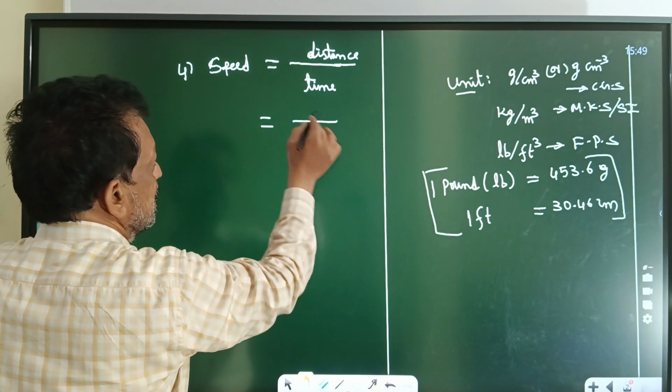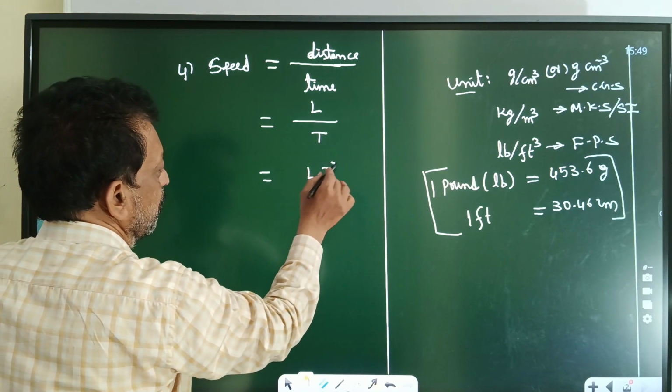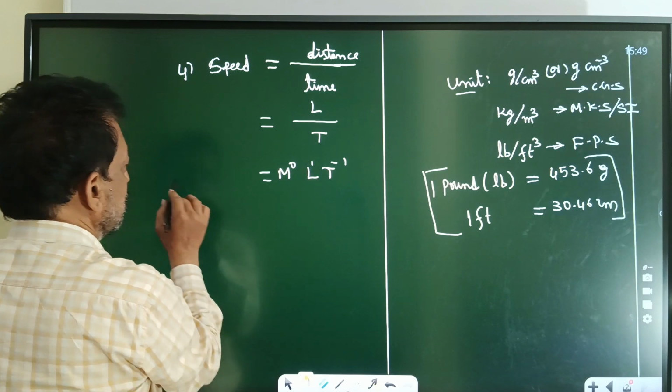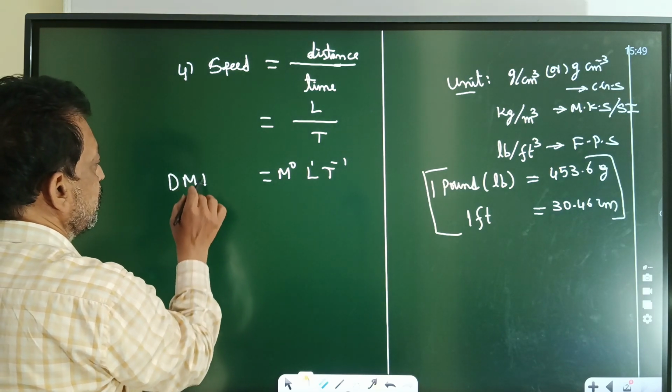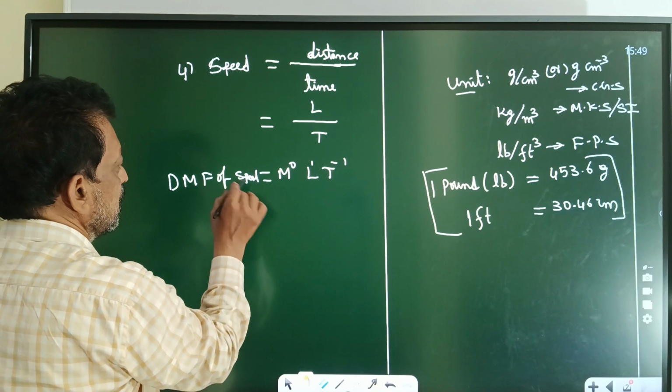So distance is L, time is T. Therefore L T to the power of minus 1, with unit mass power zero. So we get the dimensional formula of speed.